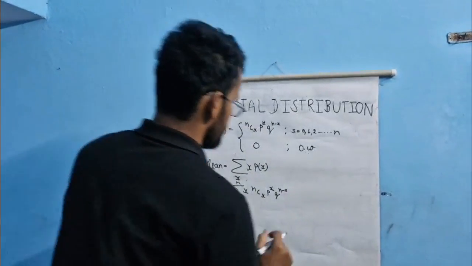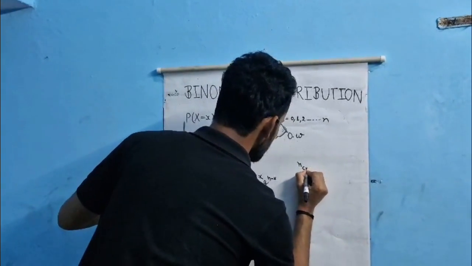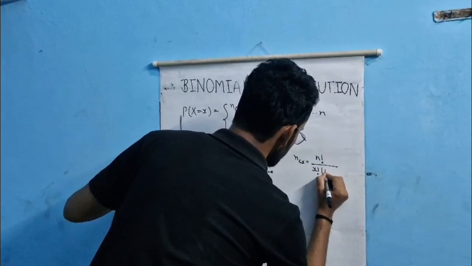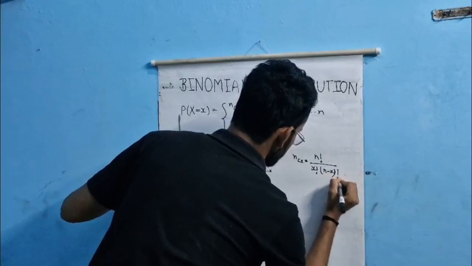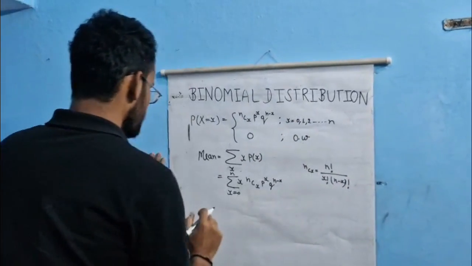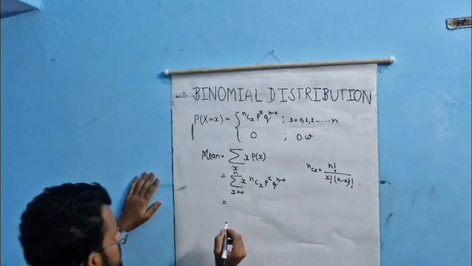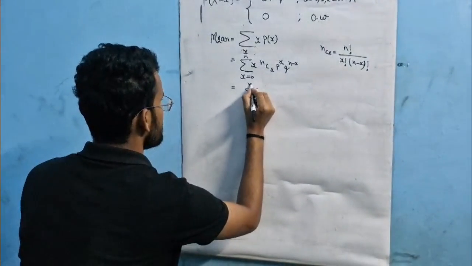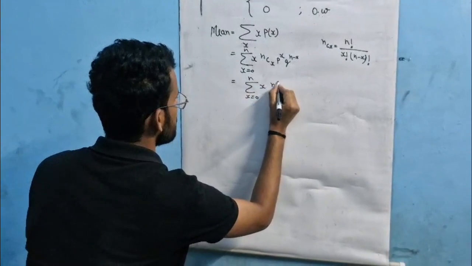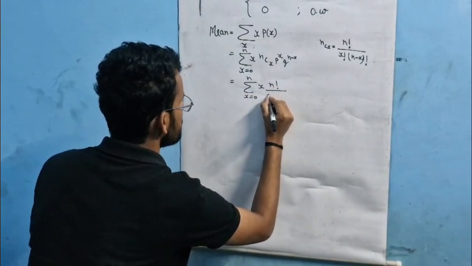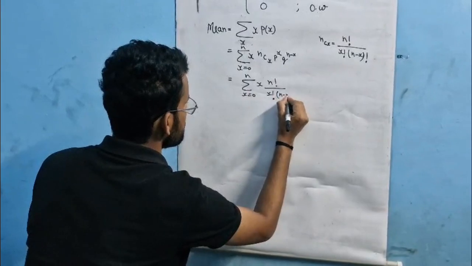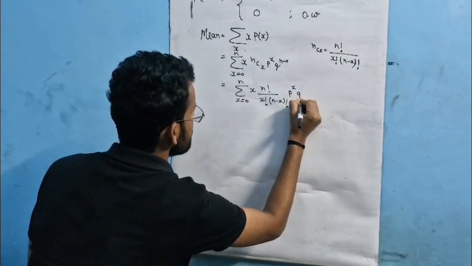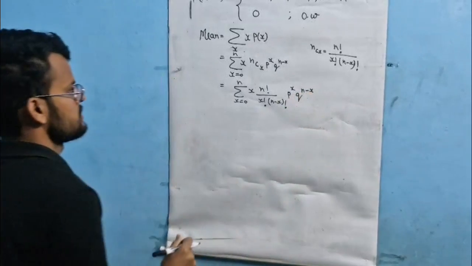We also know that nCx is equal to n factorial upon x factorial into n minus x factorial. Putting this value here, we get the summation over x from 0 to n of x times n factorial upon x factorial n minus x factorial p raised to the power x q raised to the power n minus x.